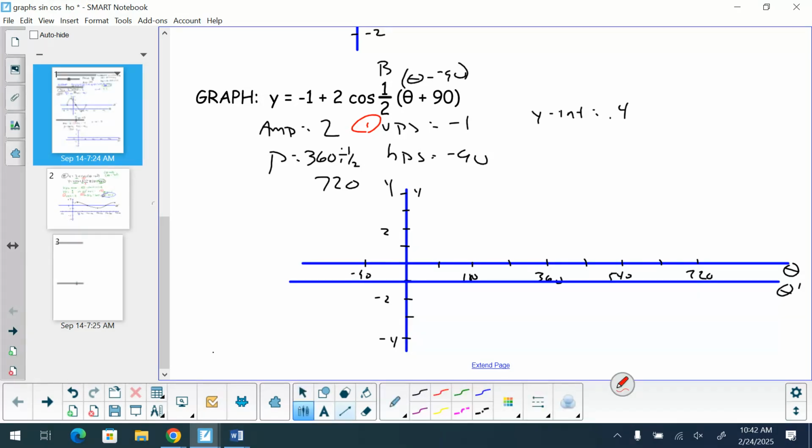Second thing, you go to your horizontal phase shift and your trig function, and you have to look at your amplitude on where you start. So your theta start value is your horizontal phase shift. Cosine starts on the prime axis or peaks and valleys. If it's a peak, then I have to go to my amplitude.